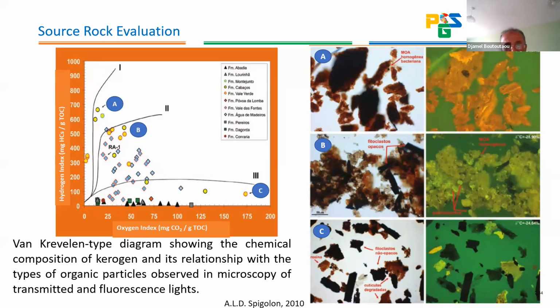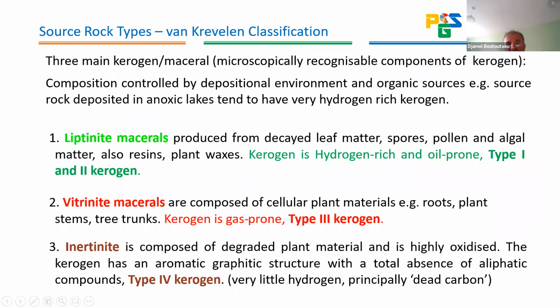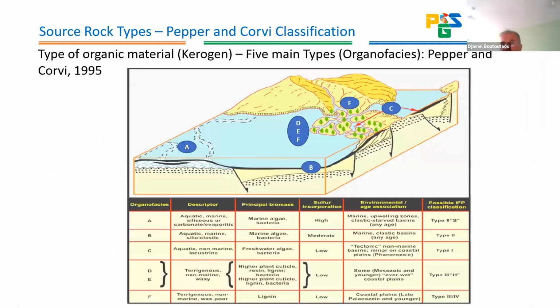The Silurian hot shales in North Africa and the Middle East are type 2, marine clastics, shale, etc. Pepper and Corvi in 95 combined the type of organic matter and the depositional environment to come up with this type of source rock classification.